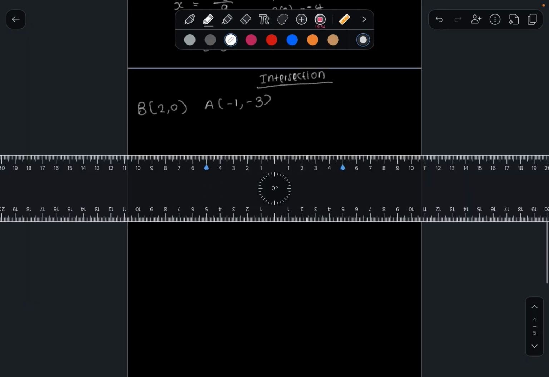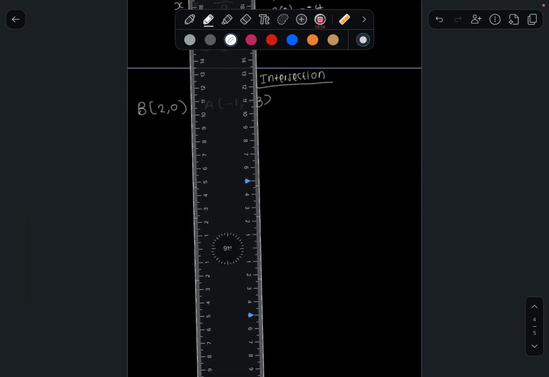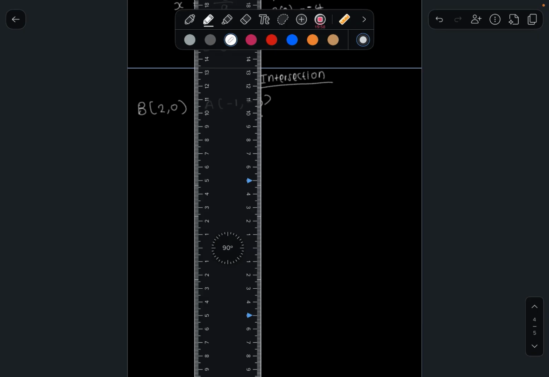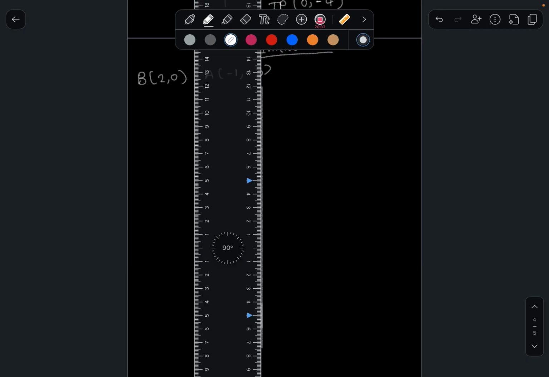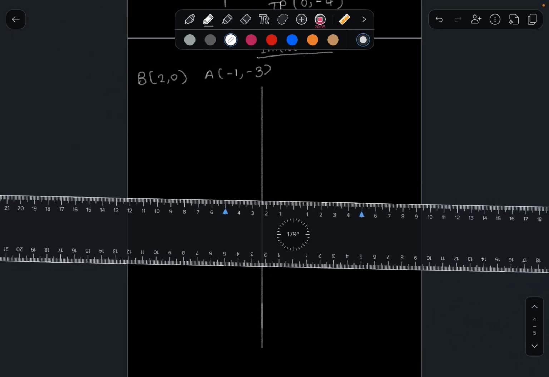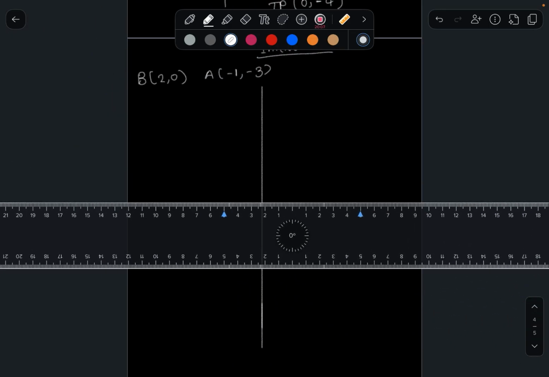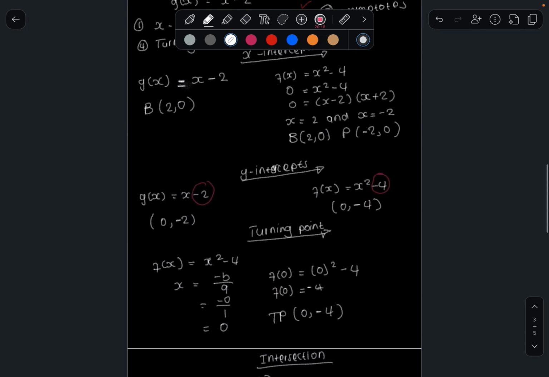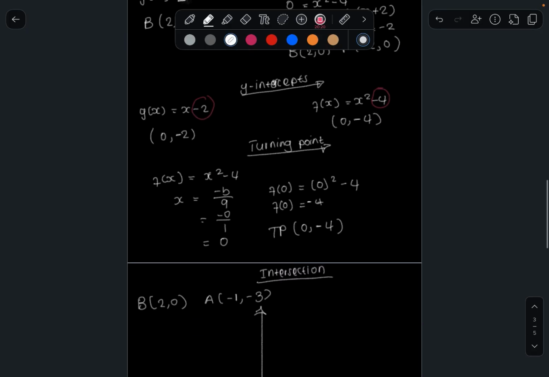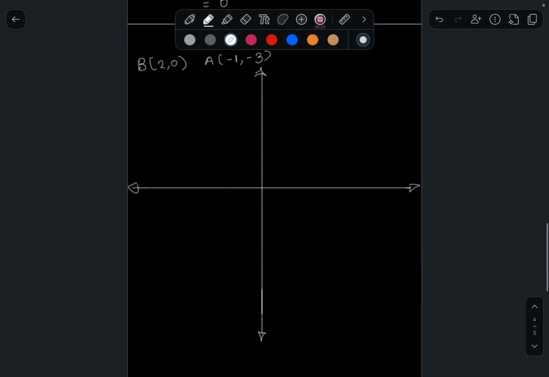Okay, so it's not going to be a fancy sketch. It's just a sketch. A sketch is a sketch, right? And you must make sure that the shape looks like a curve or looks like a straight line, right? So let's start with the straight line. So I have one, I have two.